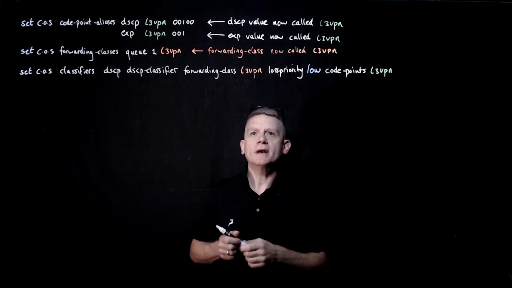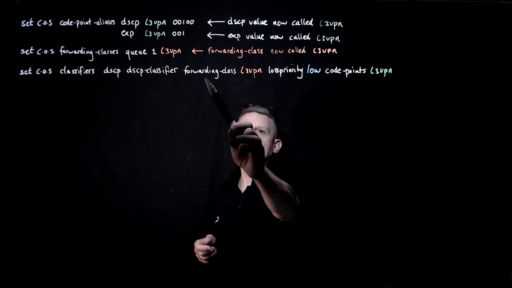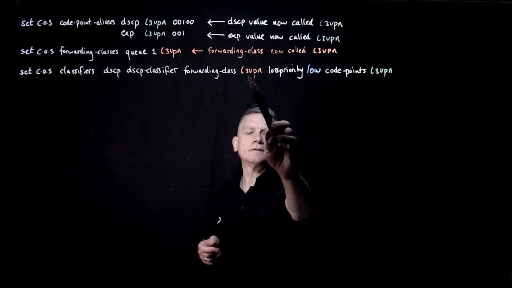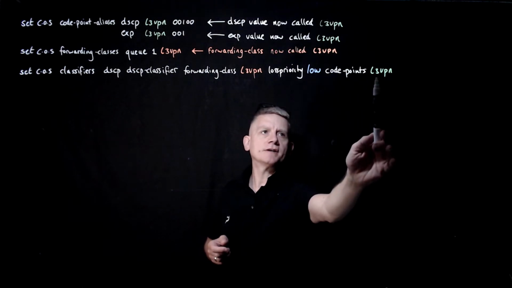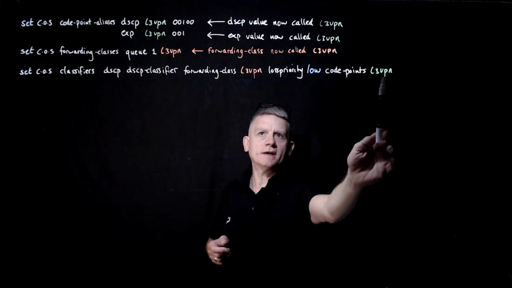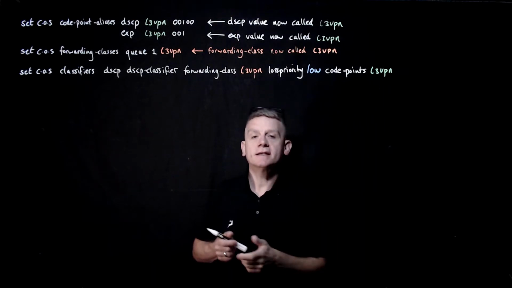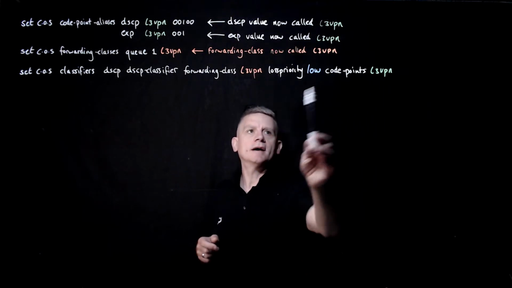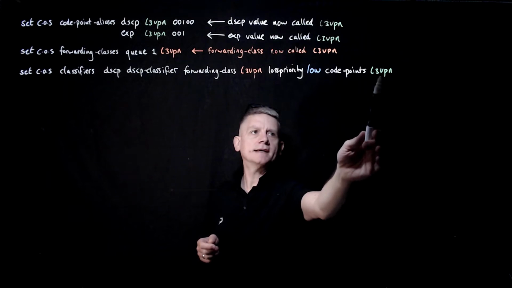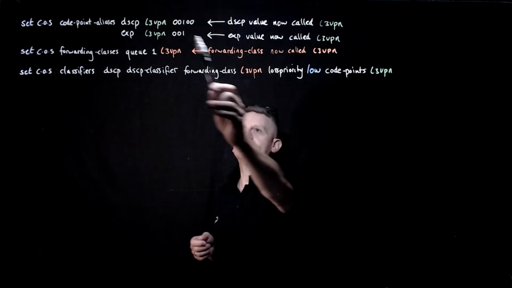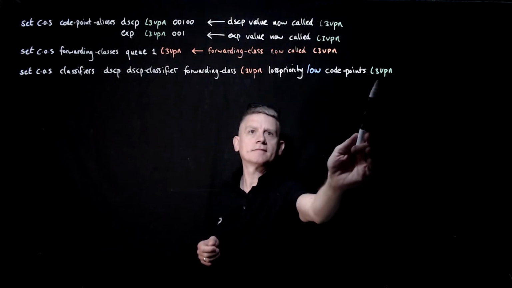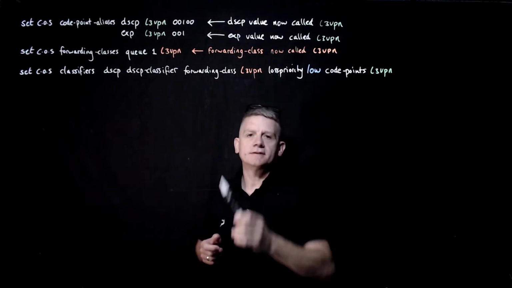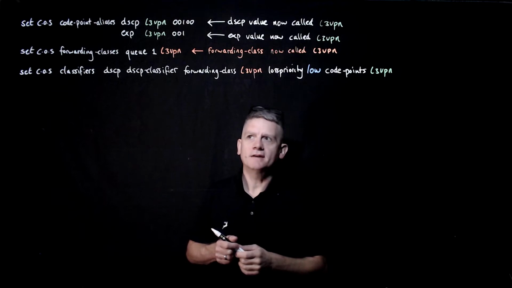And here what we're going to do is refer to the forwarding class, refer to the loss priority, and attach it to the code point L3VPN. So what we're basically saying is, in this classifier, if the packet has a DSCP value of L3VPN, attach it to forwarding class L3VPN.